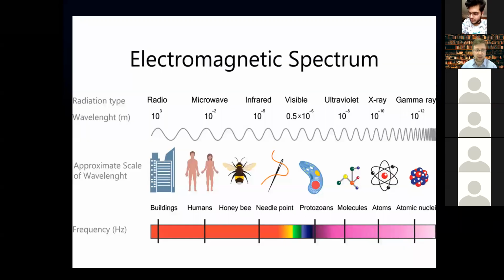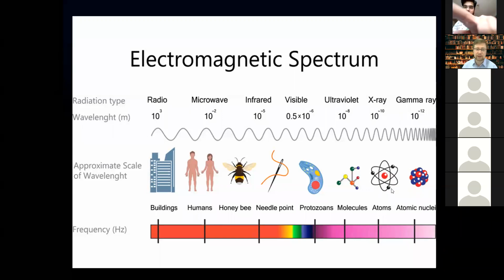If we look at this scheme, it's very beautiful and highly informative. We can see that X-ray will be placed here among other types of waves. It's a radiation type. They have small wavelengths, on the level of molecules and atoms.